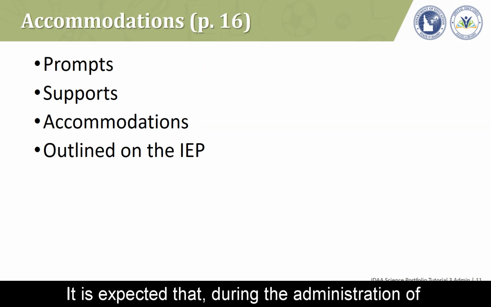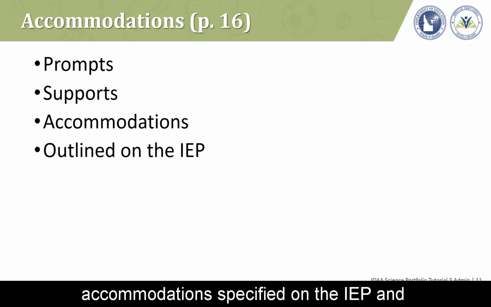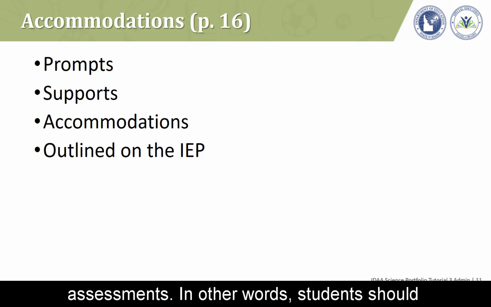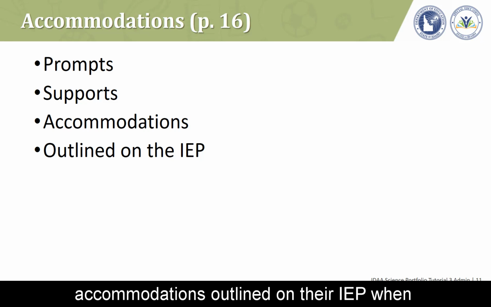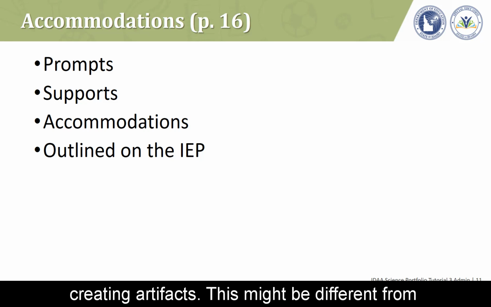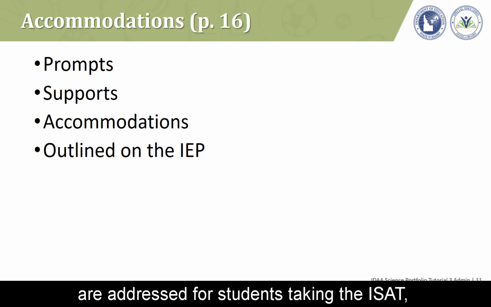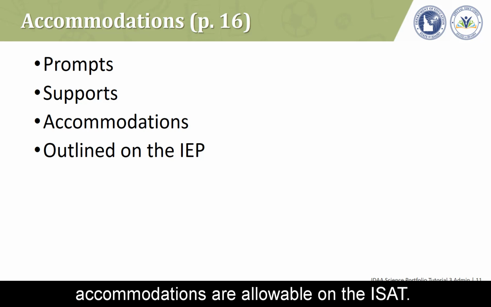It is expected that, during the administration of the IDAA science portfolio, students will receive the prompts, supports, and accommodations specified on the IEP and typically used during instruction and other assessments. In other words, students should receive the prompts, supports, and accommodations outlined on their IEP when creating artifacts. This might be different from how prompts, supports, and accommodations are addressed for students taking the ISAT, because not all instructional supports and accommodations are allowable on the ISAT.